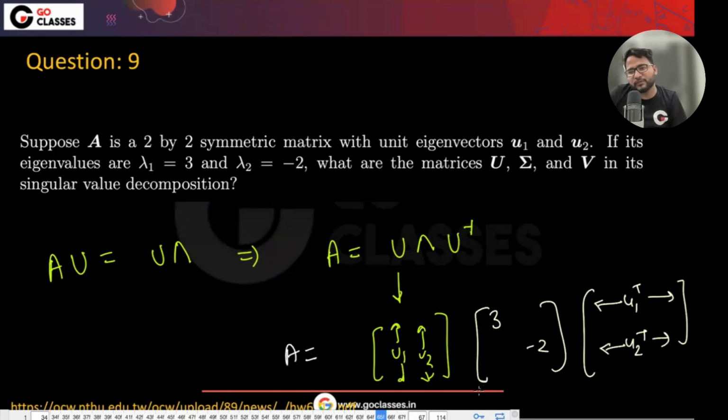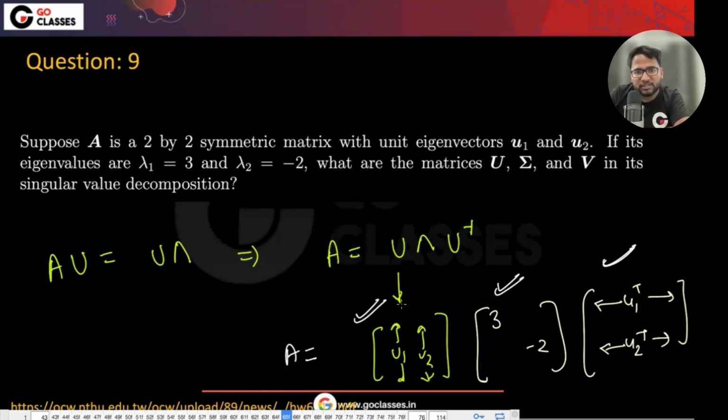Is this also the SVD? Tell me. Is this orthonormal? Is this diagonal? Is this orthonormal? Okay. So is this SVD? Tell me. Why is this not SVD?